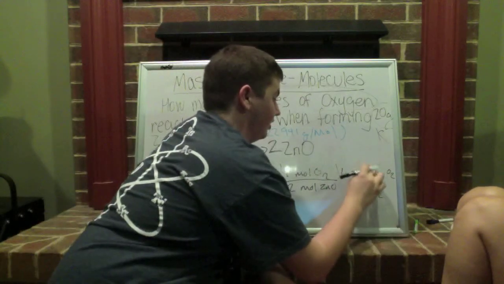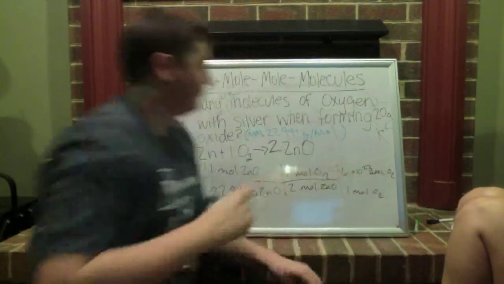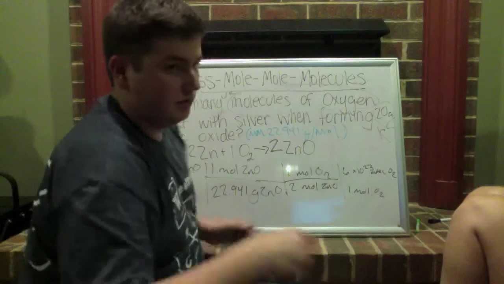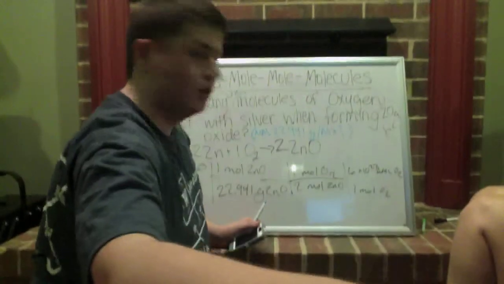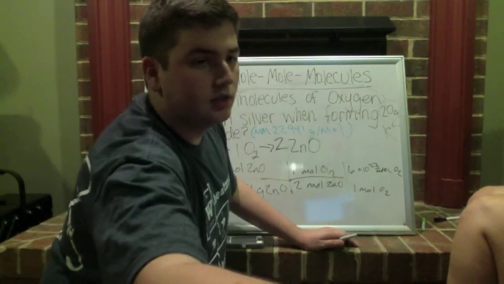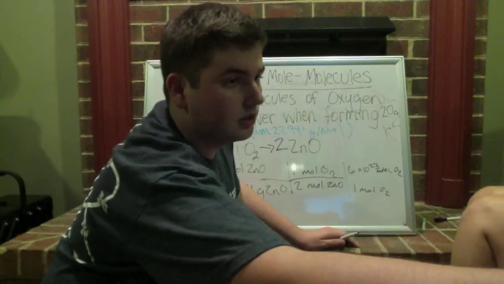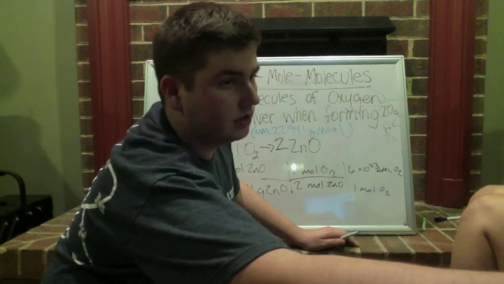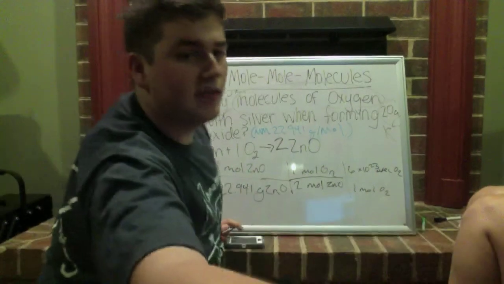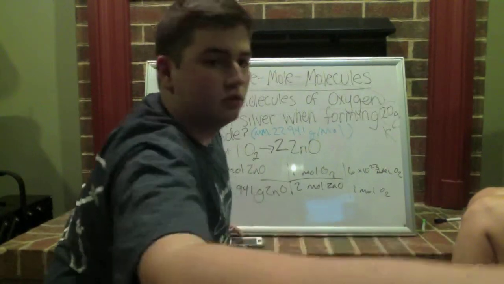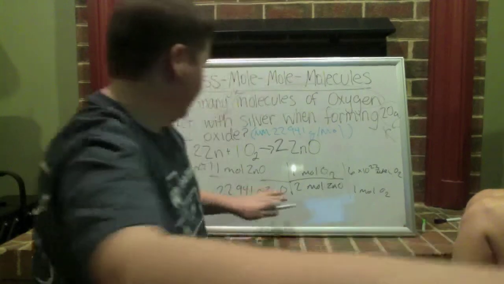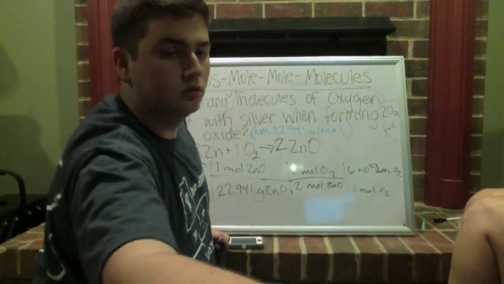Then you'll multiply that out, and I'm going to go ahead and do that real quick. So you have 20 times 6 times 10 to the 23rd, and then you would divide that by 2 times 22.941.